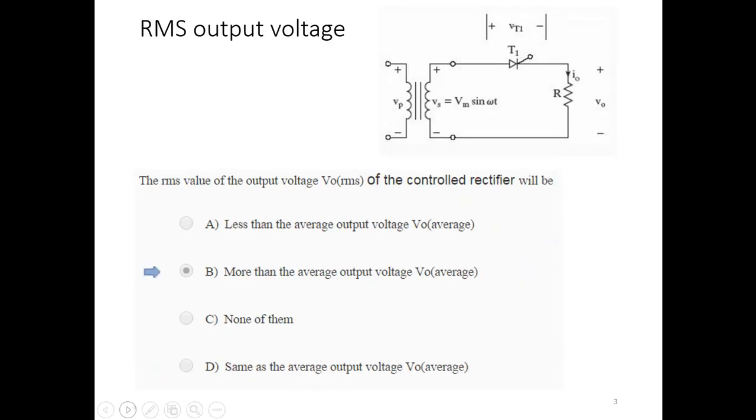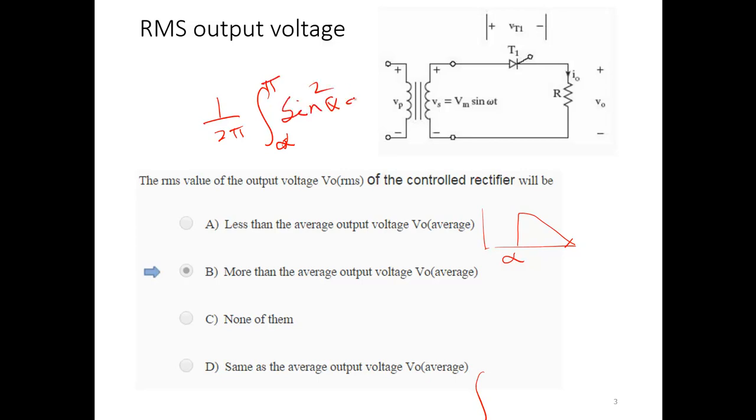The next question asks for the RMS value of the output voltage. What is the RMS value? If you have this waveform, it is a sine wave. The root mean square goes from alpha to pi, of sine squared theta d theta: the root of the mean of the square.